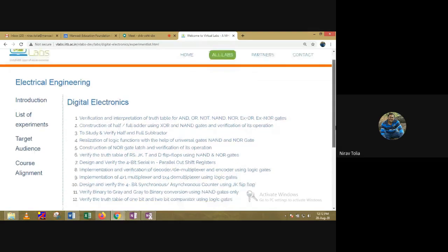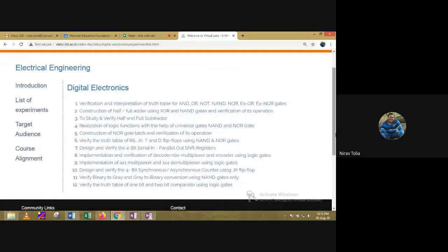Now see, we have 12 different experiments. Out of 12, we already performed experiment number 1, which is the verification and interpretation of the truth table for AND, OR, NOT, NAND, NOR, exclusive OR and exclusive NOR logic. Now our second experiment is realization of logic functions like AND, OR, NOT, exclusive OR, exclusive NOR using universal gates like NAND gate and NOR gate.